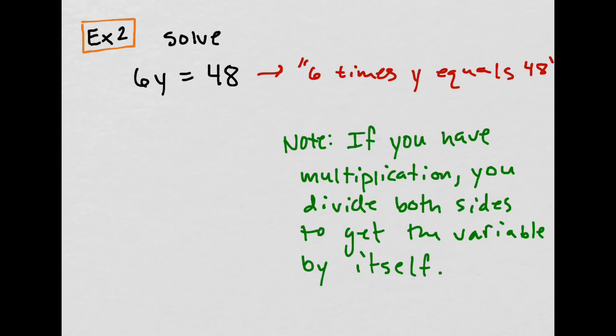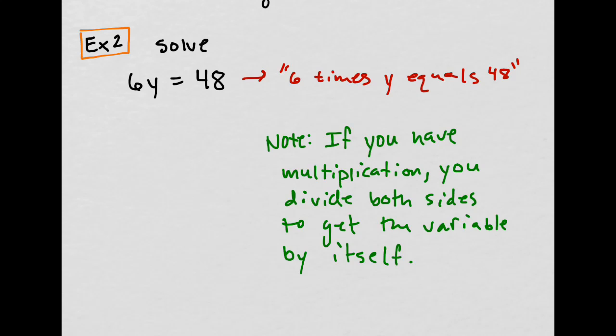And why do we do that? Well, it's like you're undoing the operation. If you don't know what 6 times what equals 48, you just divide both sides by 6. You don't divide both sides by 48 because that doesn't help you.